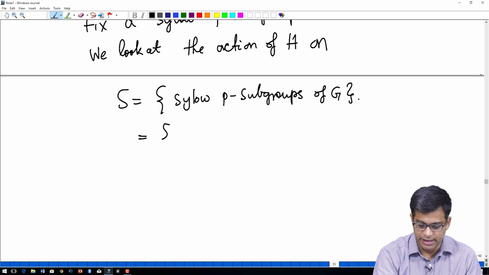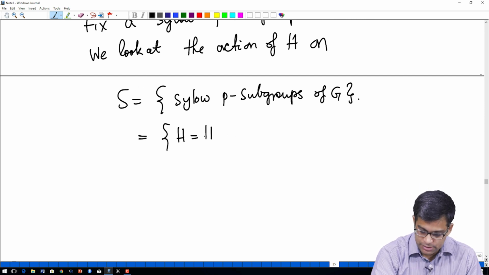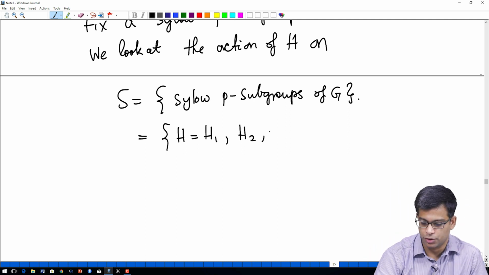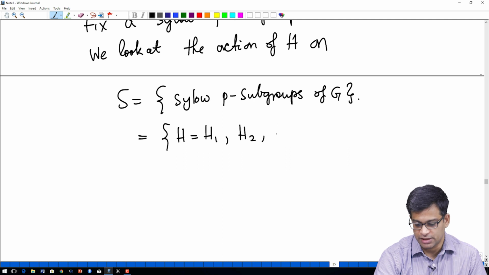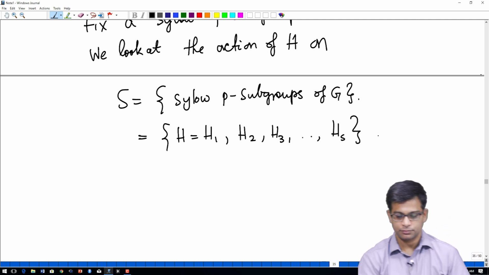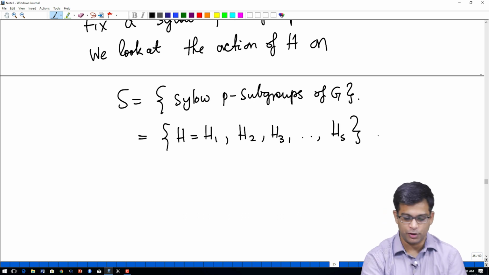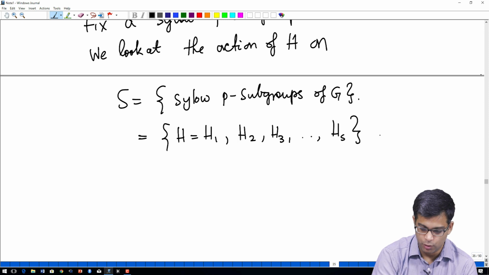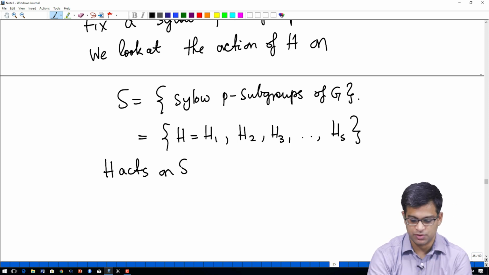H is an element of this, right. I am just going to take them as H1, H2, H3, and remember there are small s of them. Small s is the number of elements of capital S. So, we look at H acting on S by conjugation.